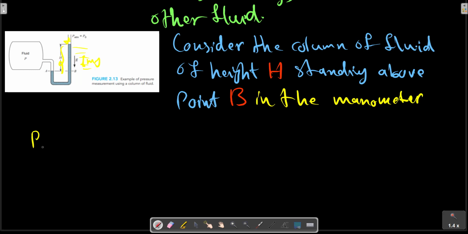So the force is P0 multiplied by A plus mg, which is P atmosphere, P0 A plus rho A g H.